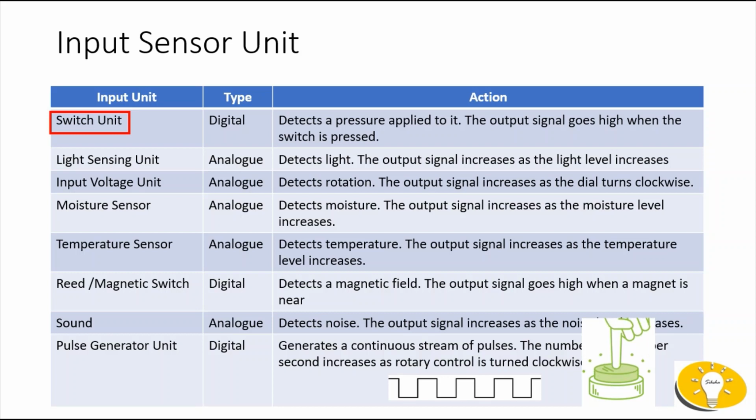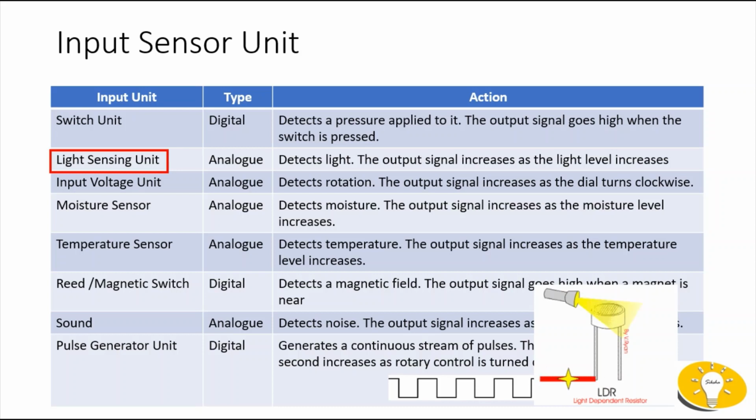The output signal goes high, that is plus 5 volt, when the switch is pressed. Similarly, the light sensing unit is an analog input unit which detects light. The output signal increases with the increase in light intensity or level.